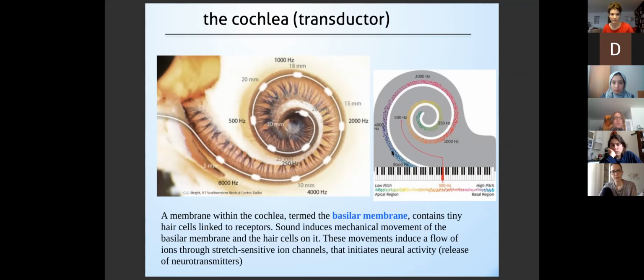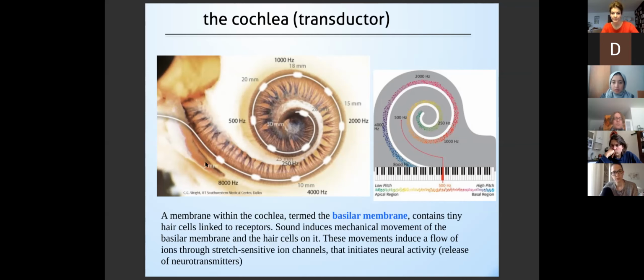Good. The second important thing about the cochlea is that you can see it has this tonotopic structure. So we encountered somatotopic structure, right? The somatotopy of the homunculus, where you have the representation of your body parts on your sensory cortex.